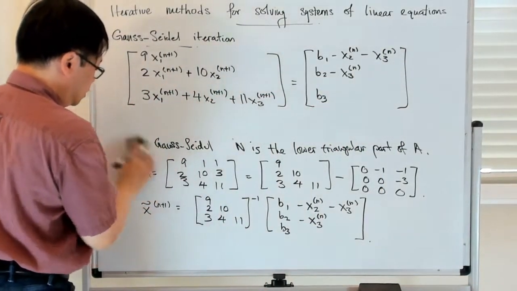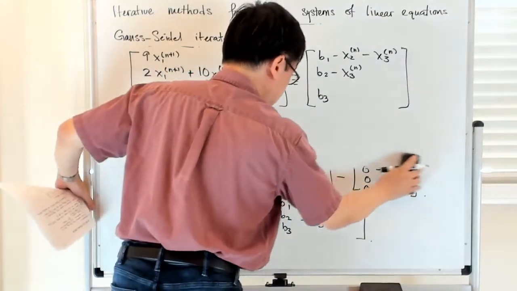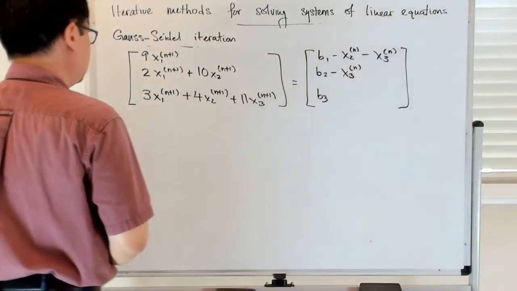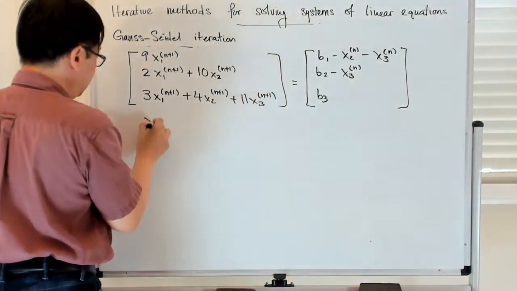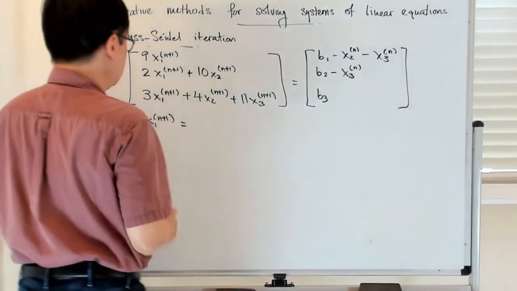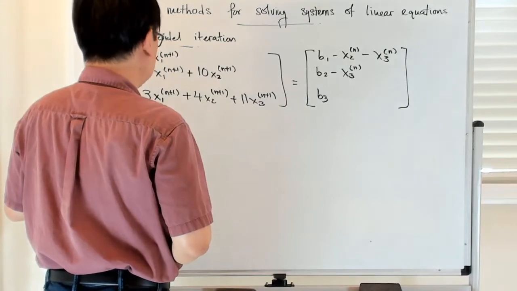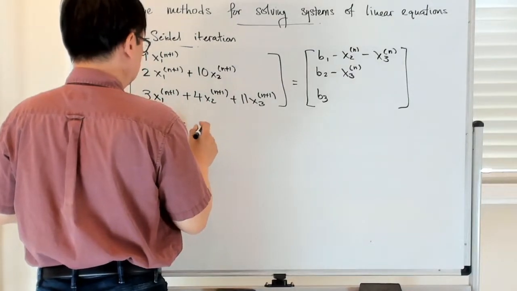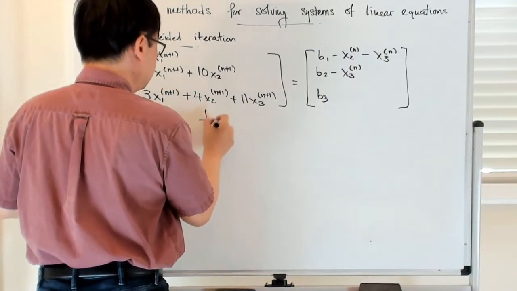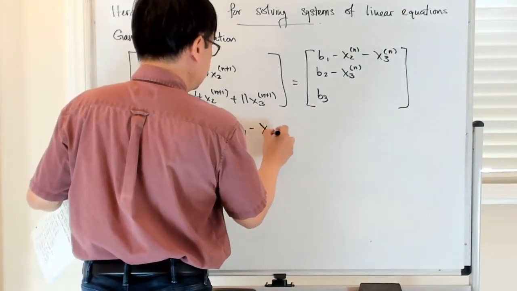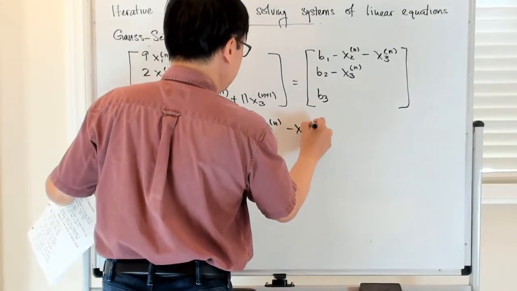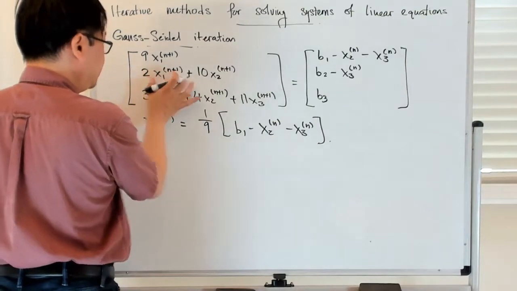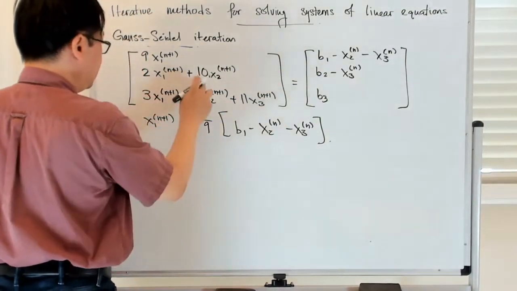All right, so I can solve for x1_{n+1} equal to 1/9 (b1 minus x2_n minus x3_n). Then I'm going to move this entry to the other side and divide by 10.